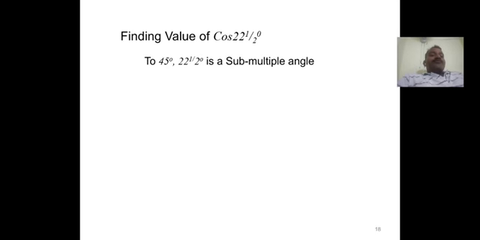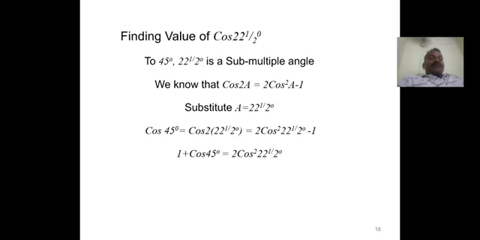So we can use the cos 2a formula, that cos 2a is 2 cos square a minus 1. From this you can write directly cos square a is 1 plus cos 2a by 2. So here substitute a equal to 22 and half. Therefore, cos 45 equal to cos 2 into 22 and half, that is 2 cos square 22 and half minus 1. Now here this minus 1 take left hand side, 1 plus cos 45 degrees equal to 2 cos square 22 and half.